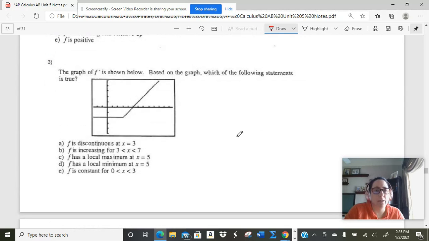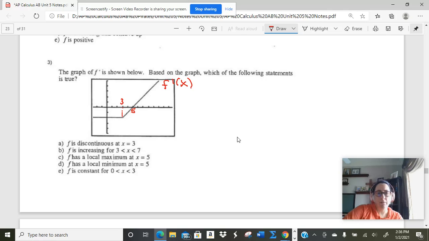Okay, try number 3. Here is f prime. Which of the following statements is true? A lot of people try to think, oh, it's not differentiable.